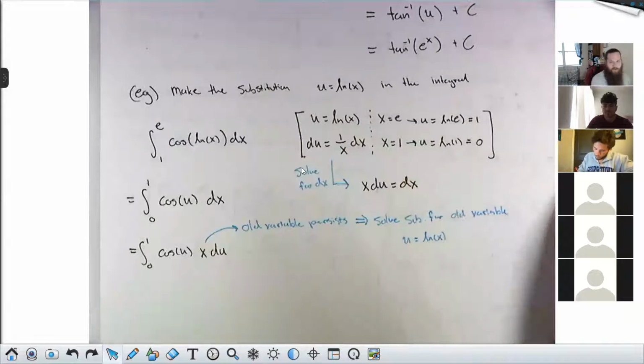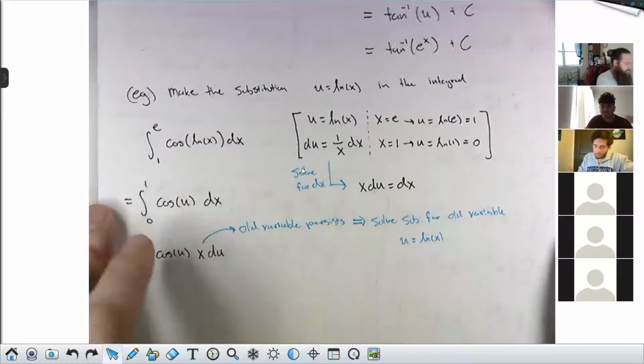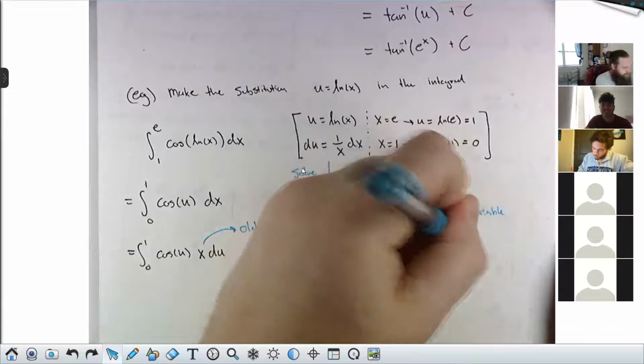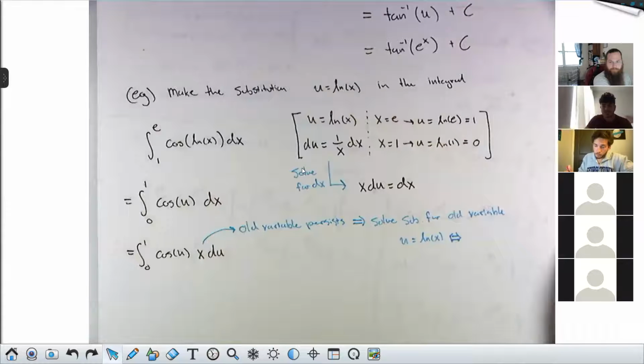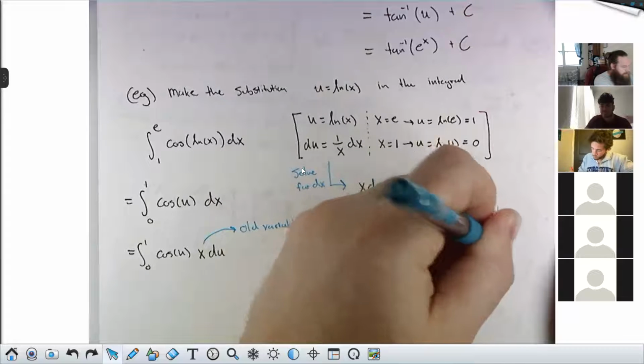How do you solve this for x? What's the procedure? You're right that x is going to be e to the u, but how do you get a variable out of a logarithm? You raise it to the power of the base. Yeah, you exponentiate both sides using the base of that logarithm.